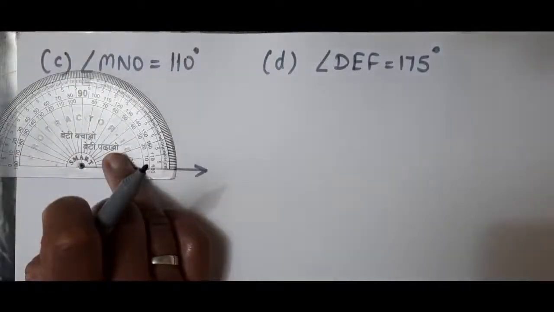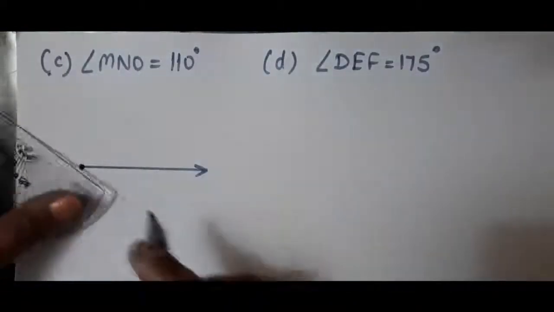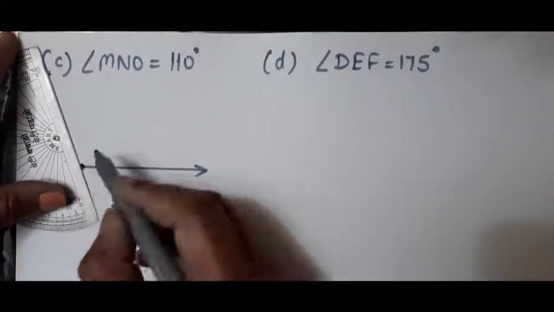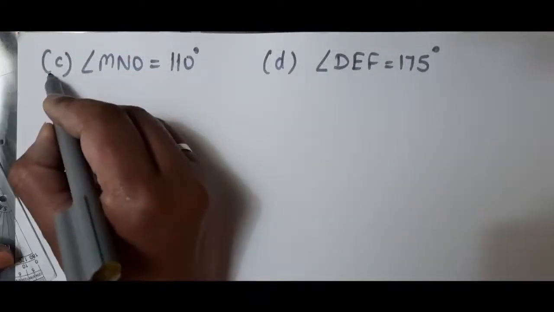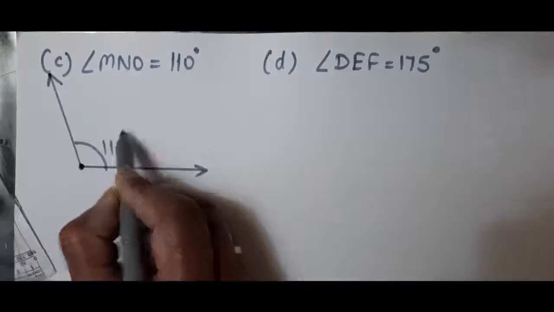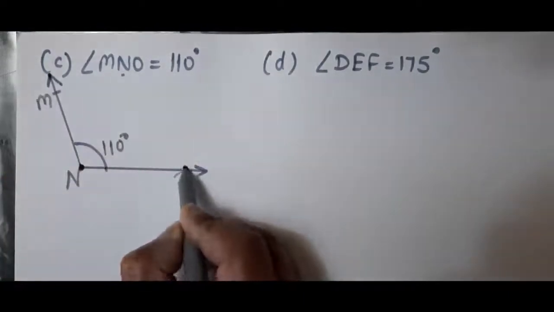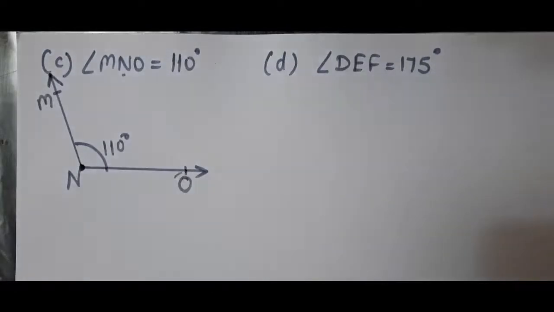That means left side, right? So 110 is here. You can mark the point and join it with the end point of the ray. This is 110 degrees. Vertex is N. It is M. It is O. So the angle is MNO.